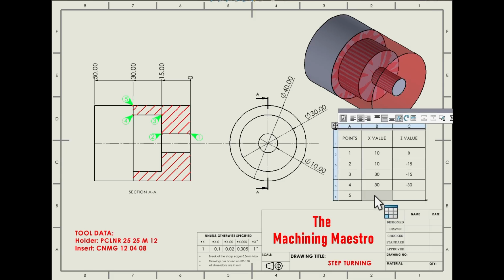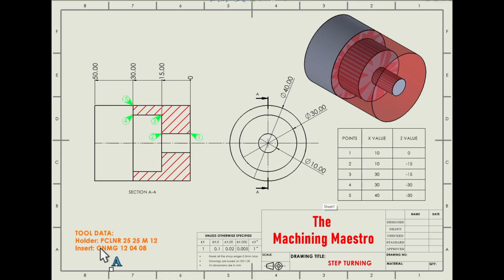At point number 5, the z value has remained the same, but the x value has changed, so the x value will be 40 and the z value will be minus 30. Okay, so this is all about how to get the points, because these points are required to create the contour or the path which the machine will follow to produce the part for you.